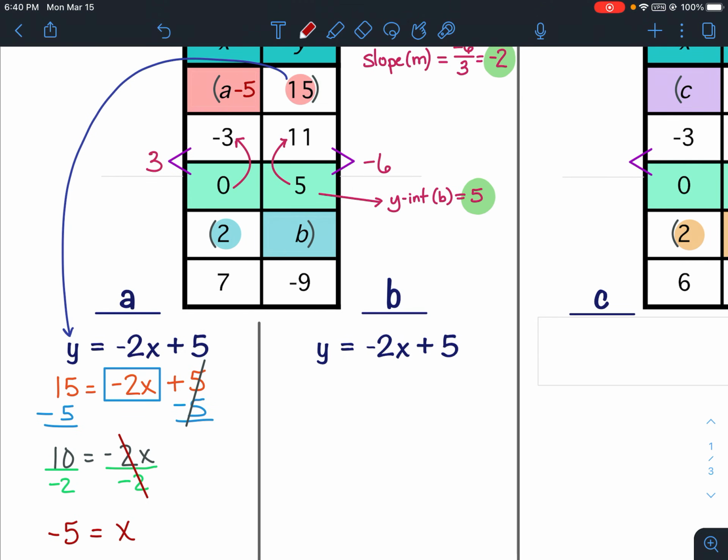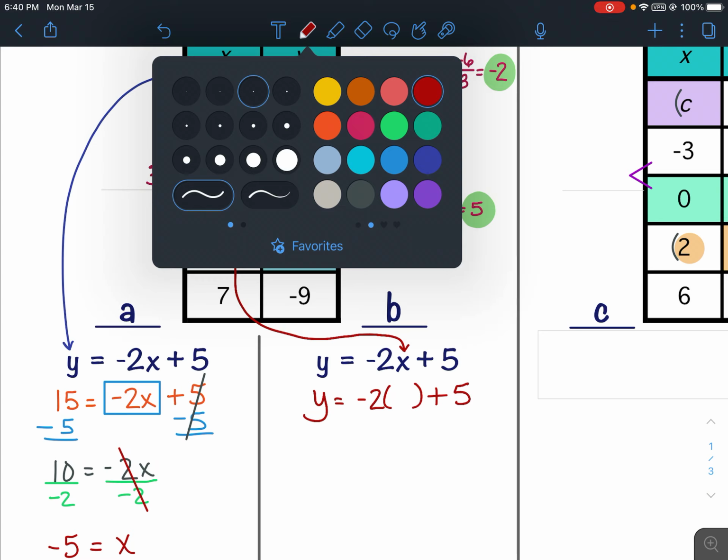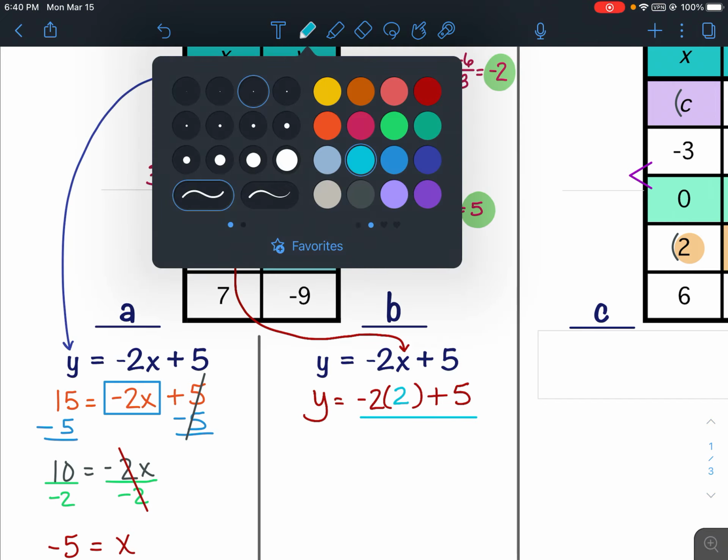All right, now I'm ready to find b. So here's my information that I'm circling for b. B is the y value and 2 is the x value. So what does that mean? That means we're going to take the 2 and plug it into the x. And the best part about this is you could put that all in your calculator at once.